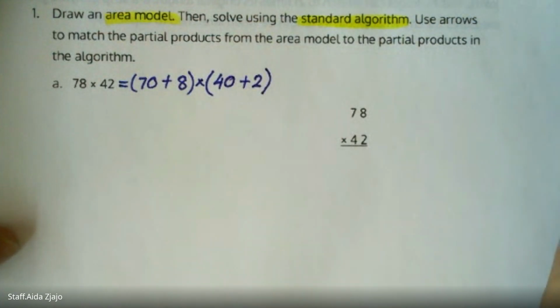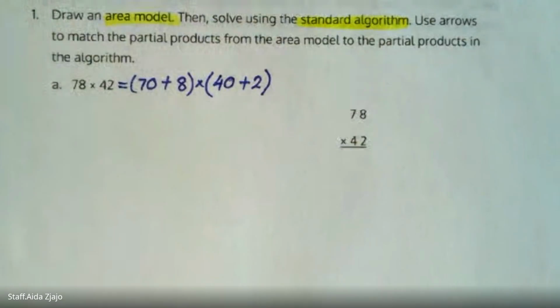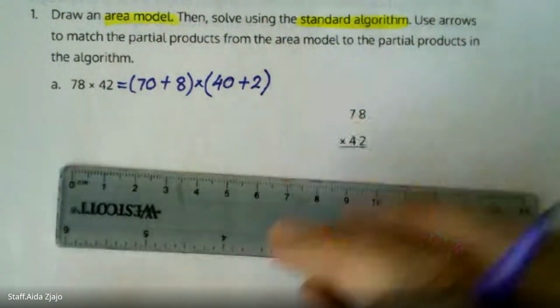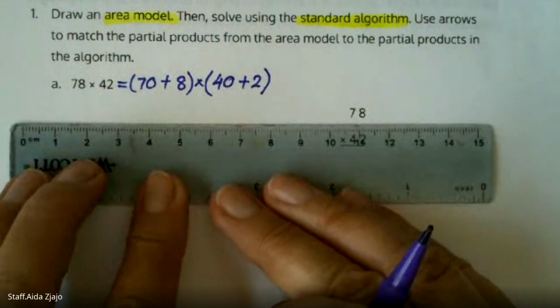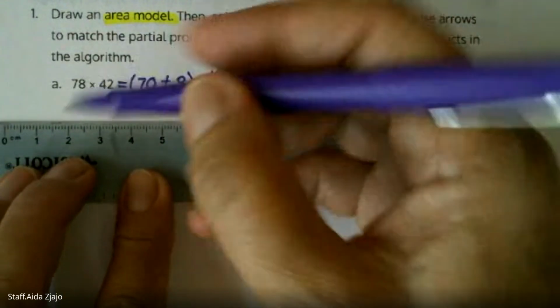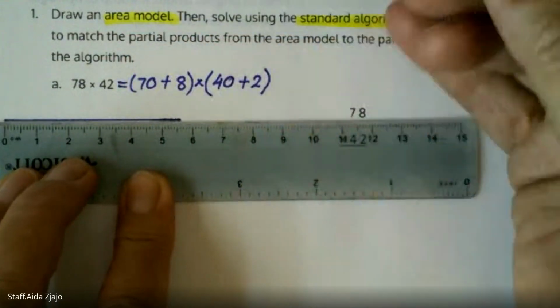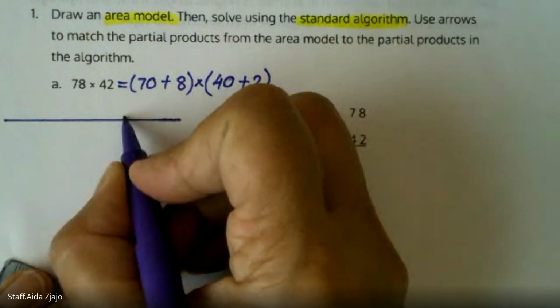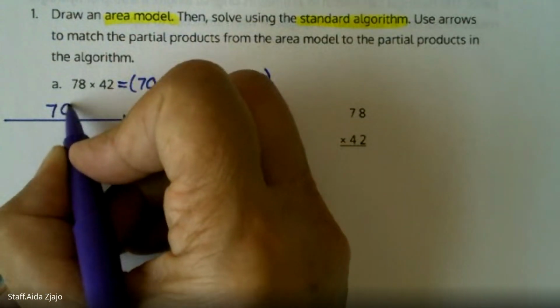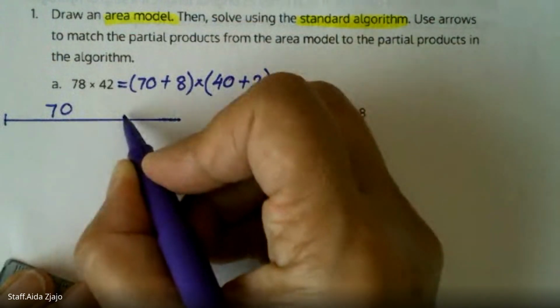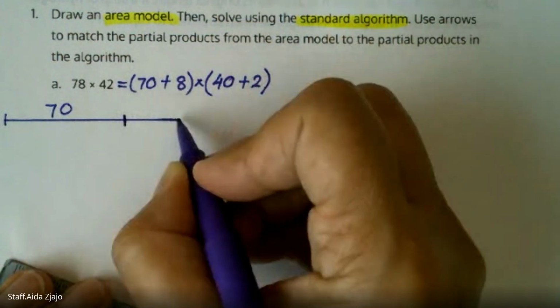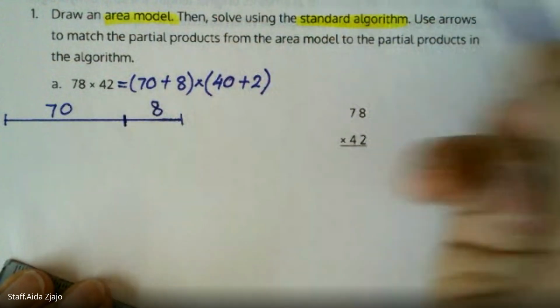You will find what your area length is going to be. So if I create this line from here all the way to here, this could be 70. From here to here is 70. From here to here is 8.